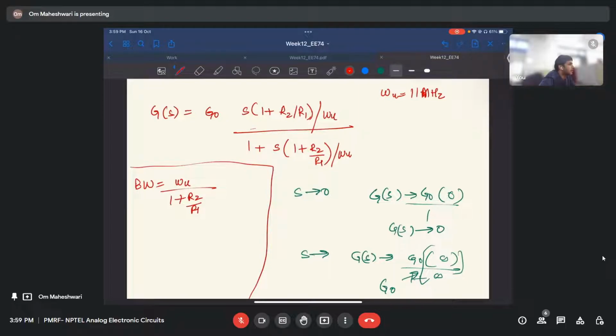So what were we getting when we solve this? 11 megahertz upon 1 plus R2 by R1, which is 23 by 19. 1 plus 23 by 19, we should get, I think, 4.97 megahertz is the bandwidth.